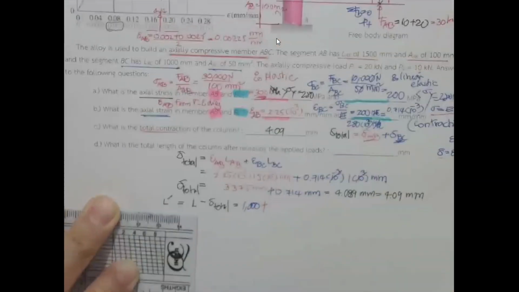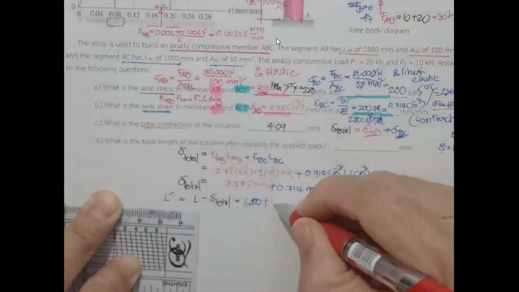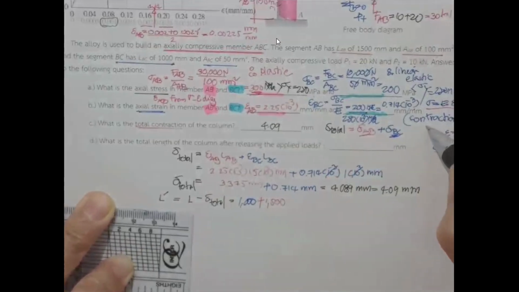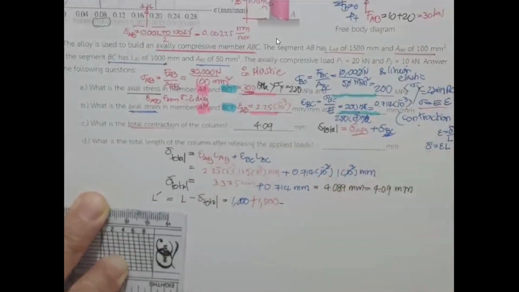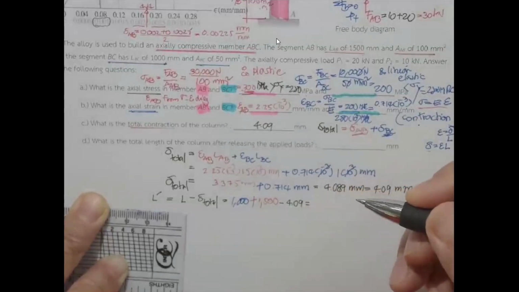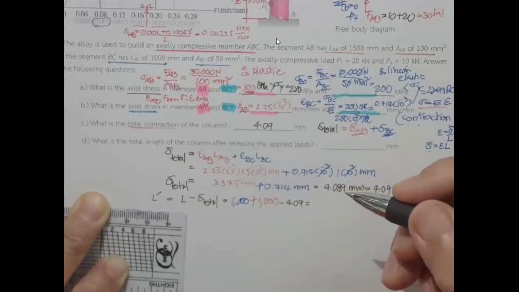What is L? It is 1,000 plus 1,500. Then contraction, shortening, so you have to subtract 4.09. And then you should get the new length to be what?